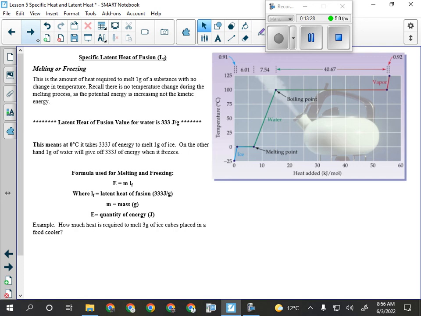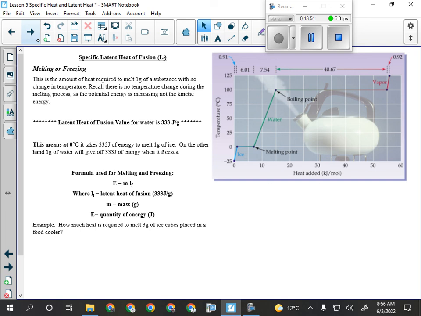So if we're melting something or if it's freezing from liquid to solid, the number is 333 joules per gram. When liquid freezes into solid, it gives off 333 joules for every gram. But to melt it, it goes the other way. It would have to take in 333 joules for every gram.